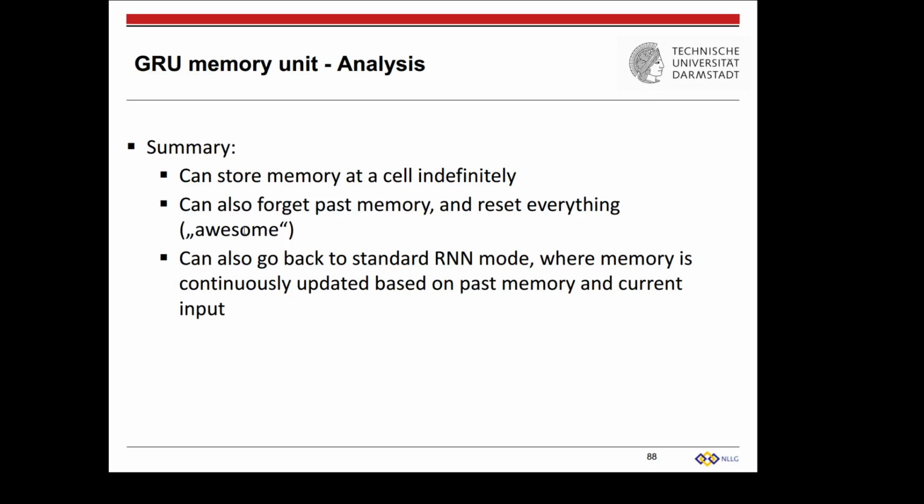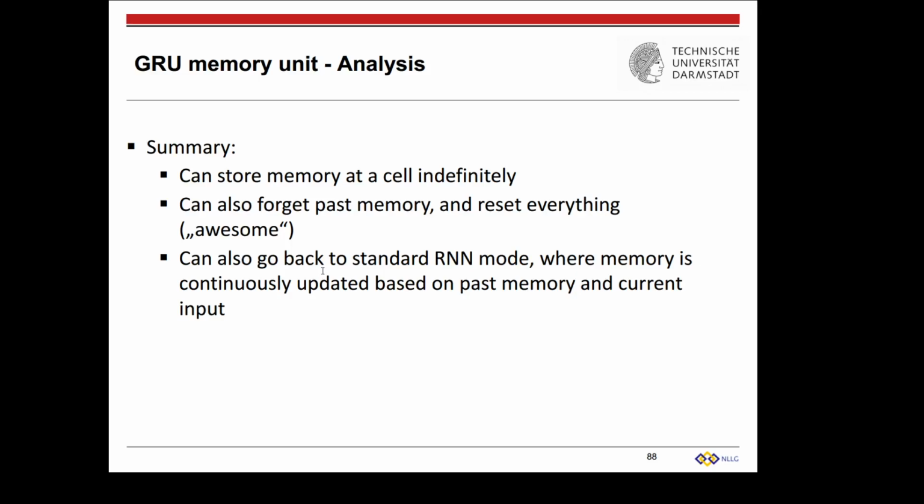So when could this happen in NLP? Maybe you have a sentence, you want to determine its polarity, is it negative, positive, or neutral. Imagine you see the word awesome in there, and then maybe that is a good indicator that you should forget everything about the past and just classify this sentence as positive. This is an intuitive example, which is certainly not always correct, but it could be approximately true.